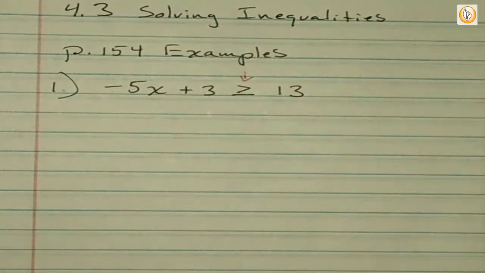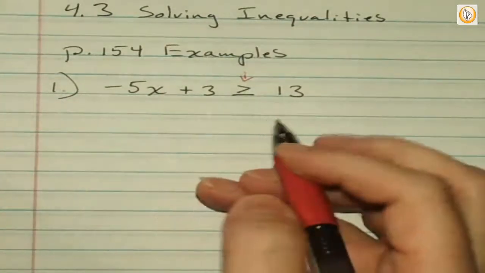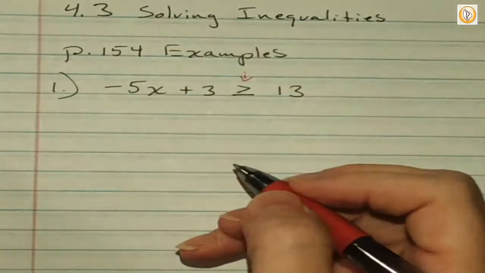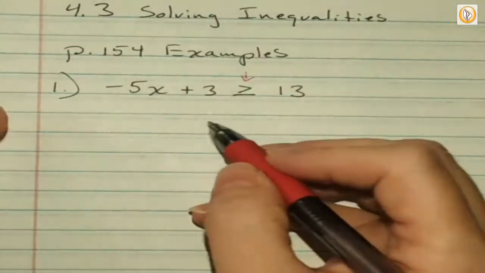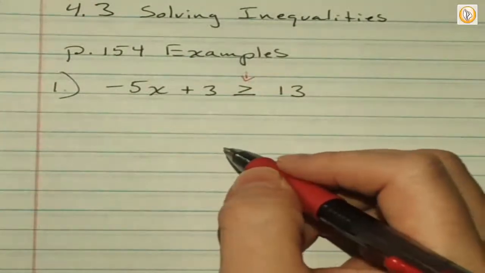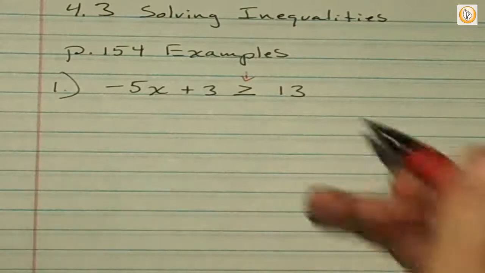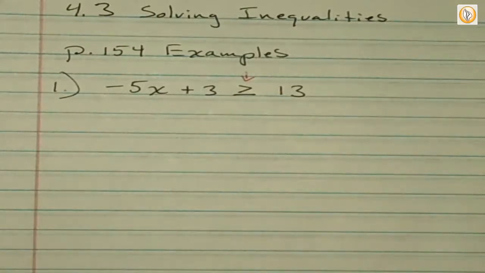Also, make sure that when you're done, your answer has the appropriate inequality and not an equals sign that y'all are used to. Y'all are programmed that x equals something. So a lot of my students will accidentally put x equals something at the end because that's what your brain naturally wants to do. So just be careful with that.